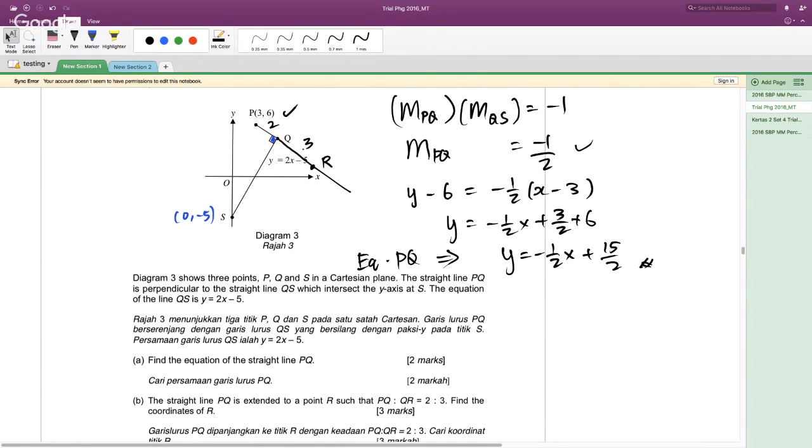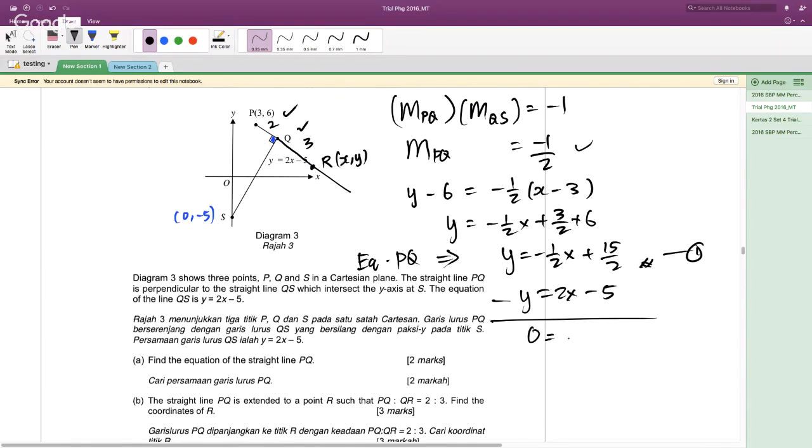In order to find the coordinate R, I do not know the x and y, so we will need to find the coordinate Q first. Q is very easy to find because it's the intersection of two equations. So you substitute this equation into y equals 2x minus 5. Maybe I can use the elimination method here since I have y and y, I minus them.